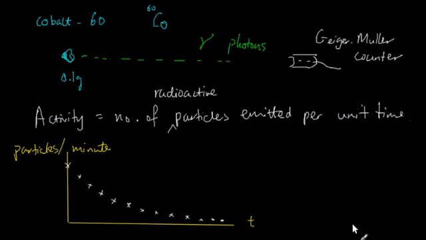Alright, unless perhaps if you wait for an extremely long time until the Geiger-Mueller counter cannot detect any particles coming out anymore. Okay, but if you wait for many years, you'll find a graph that looks like this.